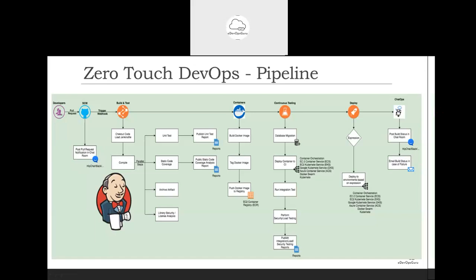They can review the code, and if everything is okay, they can give the go ahead, and that code is okay, and that can further trigger the next steps. So basically here, as soon as code is checked in, a notification is sent to reviewers, they do the reviews and give their review comments if there are any, and if everything is okay, then it can go to the next step, which is build and test.